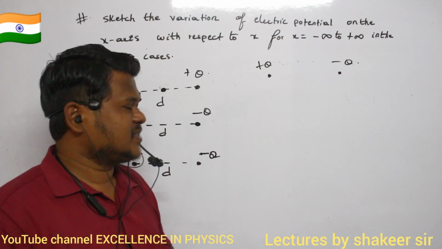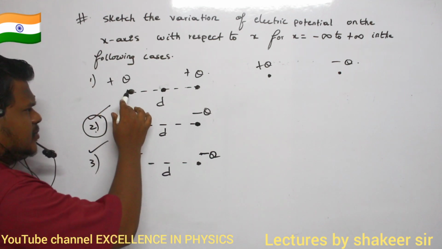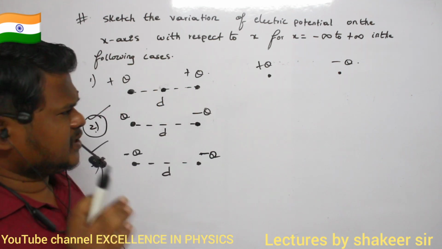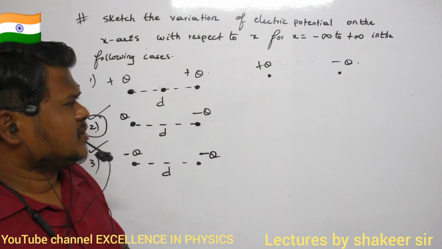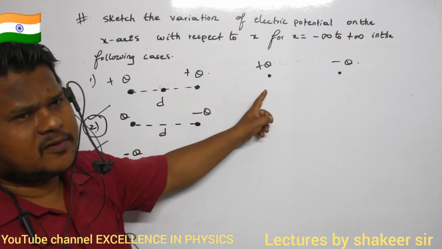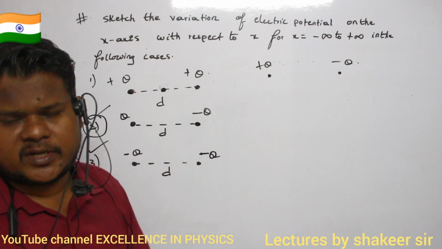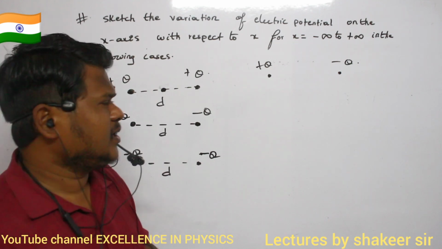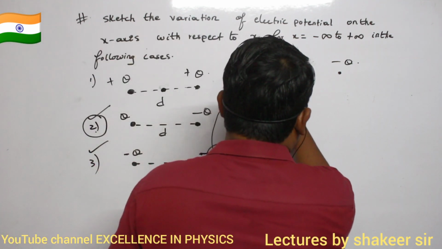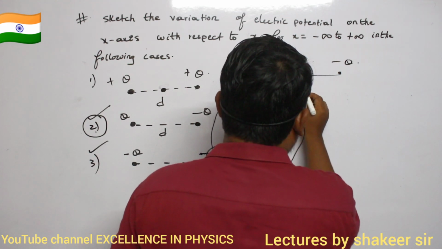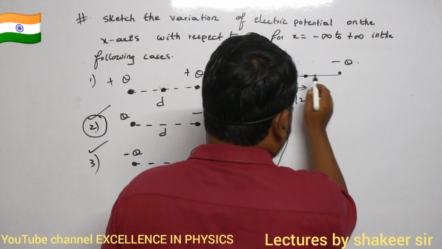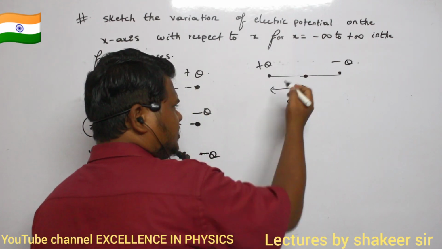In the first arrangement, both potentials were positive, because both the charges are positive. But in the second condition, one potential will be positive and another will be negative. Clear? So if I calculate potential exactly at a distance of d by 2, which is exactly at the center, how much will be the potential?